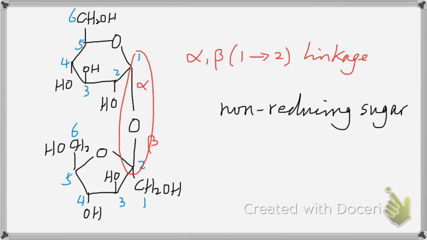So the second unit is still in the hemiacetal form so that the ring can open to give the aldehyde functional group, which can serve as a reducing agent. But in sucrose, no, we don't have that free OH on the anomeric carbon. So sucrose is the only non-reducing sugar that we know as a disaccharide.